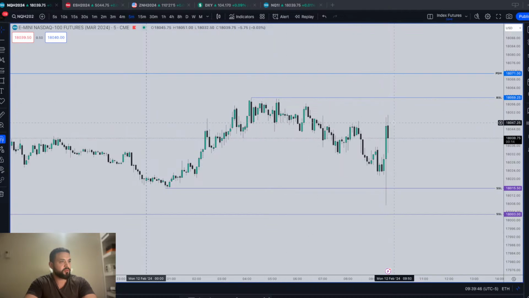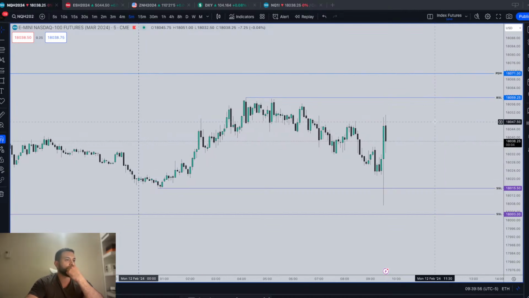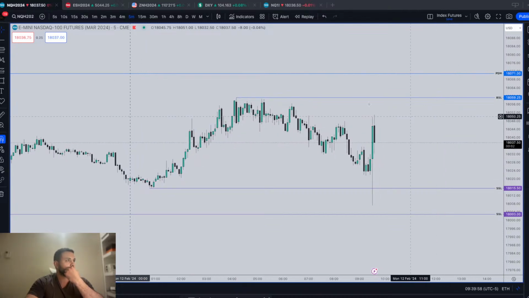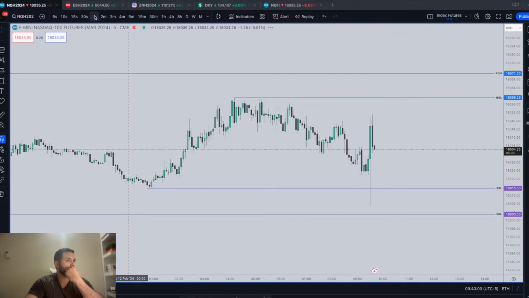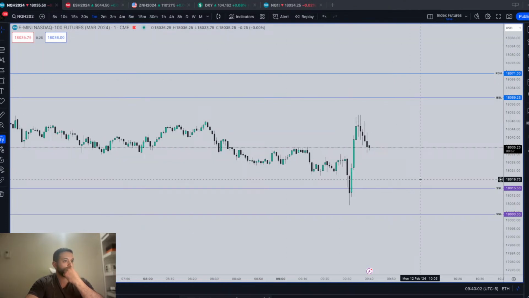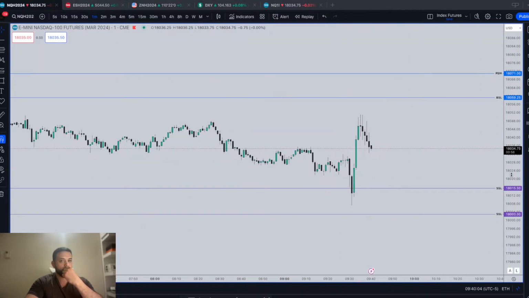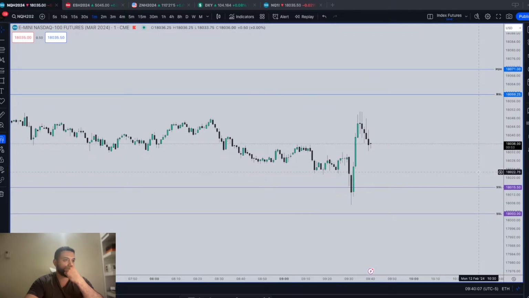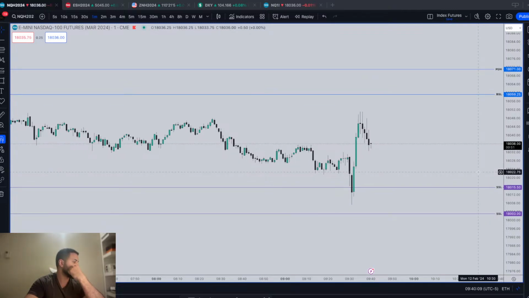I wouldn't be surprised if price just takes out a short-term high, reacts off it, comes back down deeper, and then takes out another short-term high, and then takes out this high, comes back down, and then eventually works its way up to that high. Ten minutes in.